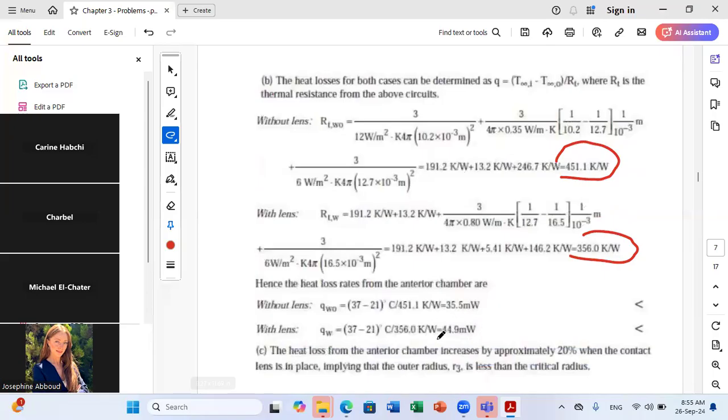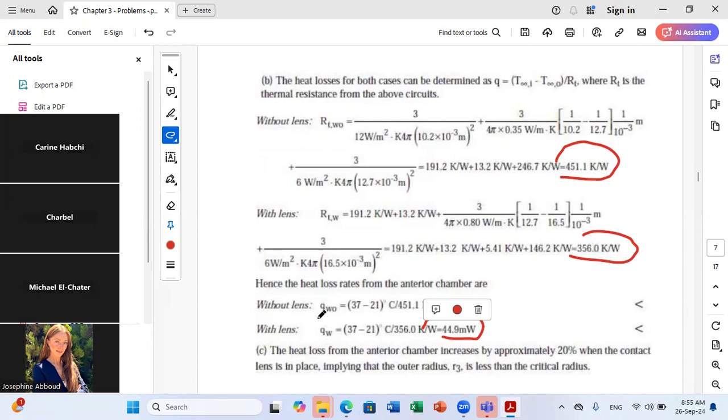So depending on the conduction resistance, we have an increase in conduction resistance and a reduction in convective resistance. This will affect the variation of the total rate dissipated from the eye.